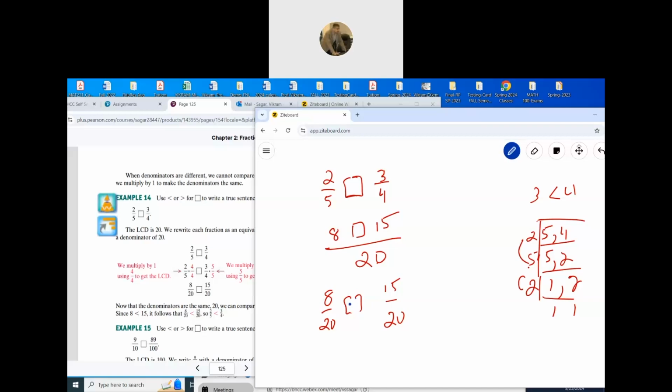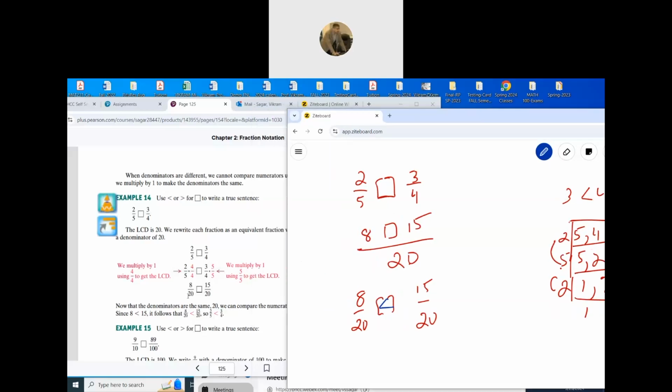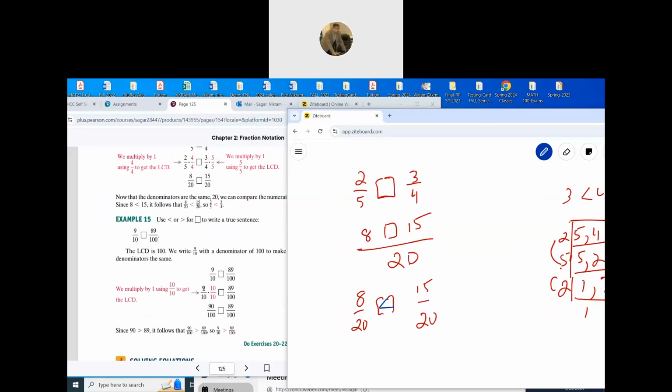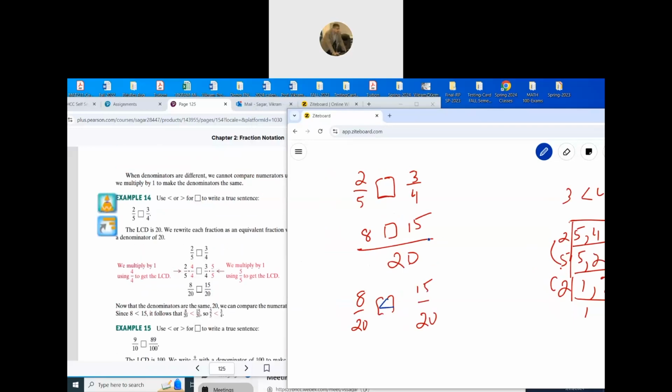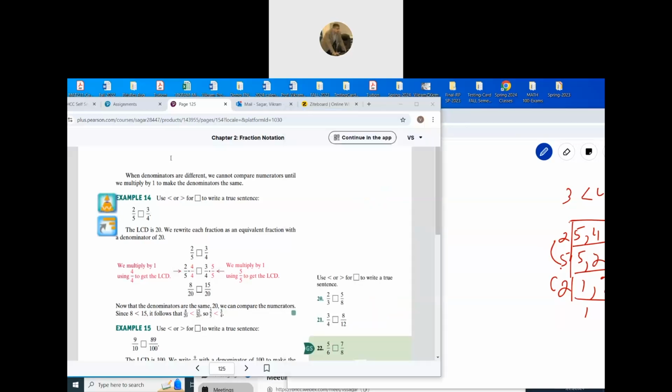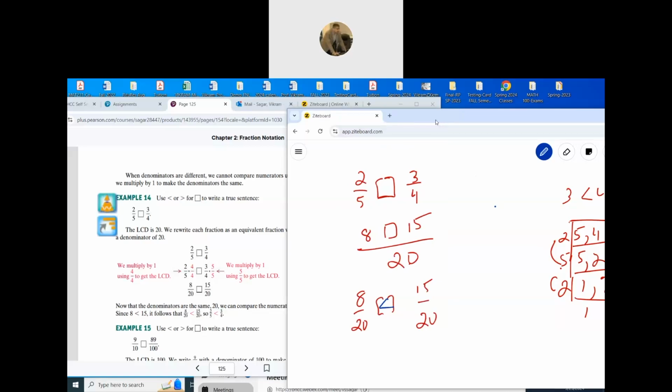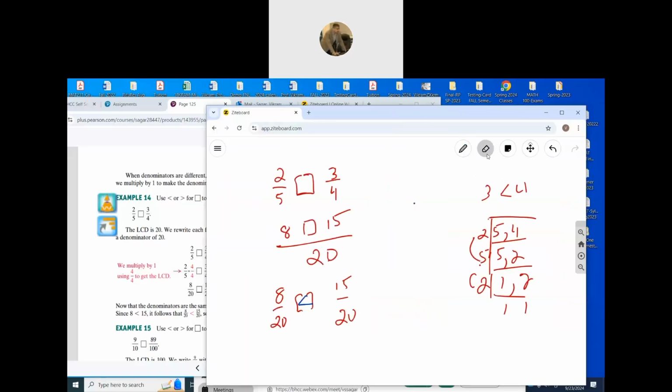So I can use this symbol because now it's very clear that 15 is greater than 8. You're going to have these kinds of questions there too, so just take the LCD and then you can figure out which number is greater than the other number.